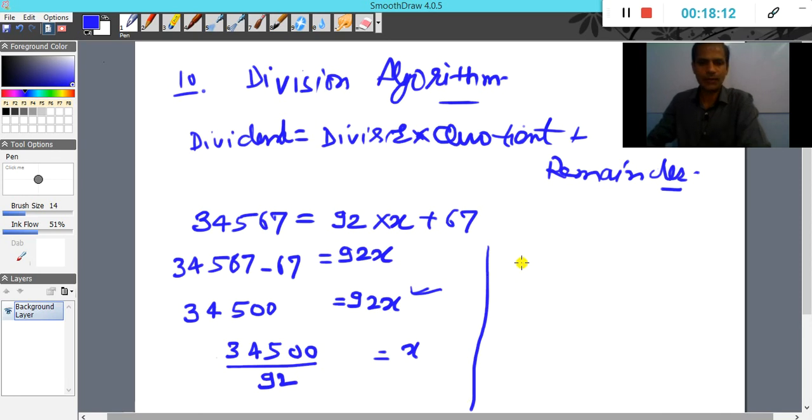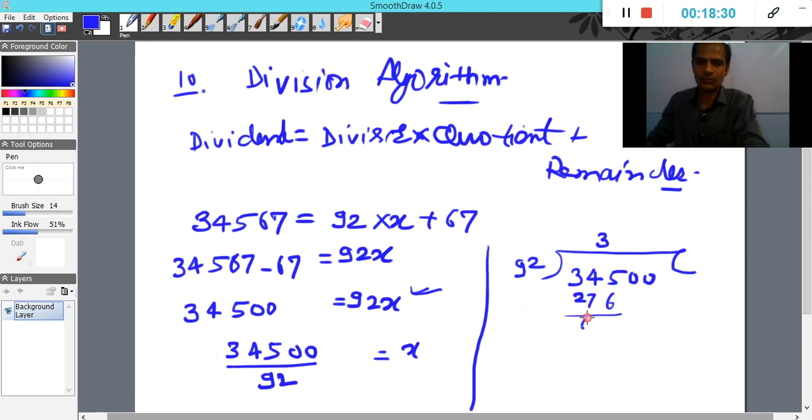Now I am going to perform division here. So you have to divide by 92 and this is the dividend 34500. If you write the table, you can see it is 3 times and the number is 276. Okay, 276.